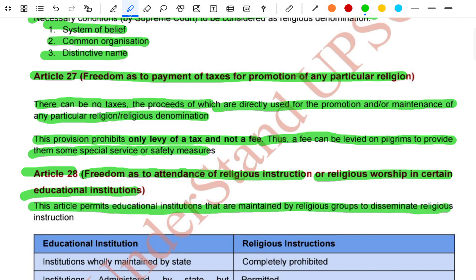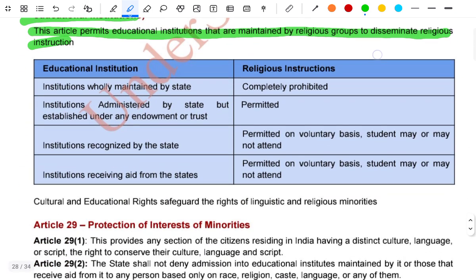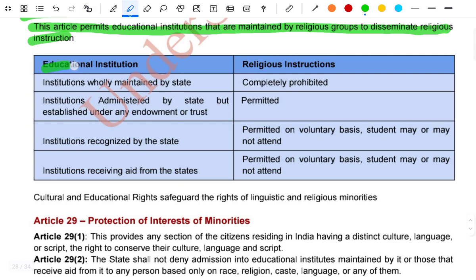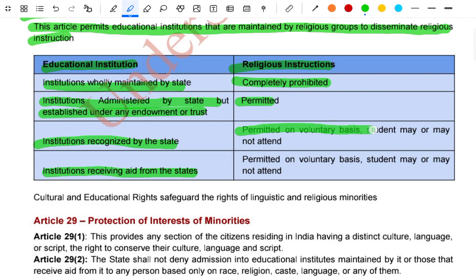Educational institutions: institutions wholly maintained by the state, where religious instruction is completely prohibited; institutions administered by the state but established under an endowment or trust, where religious instruction is permitted; institutions recognized by the state and institutions receiving aid from the state, where it is permitted on a voluntary basis, and a student may or may not attend.